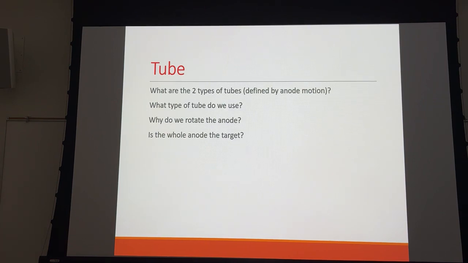All right, and then we had a number of different parts to the anode, the target just being a portion of that. Not even the entire disc is what we consider the target. The target is just where we bombard the target or the anode with the electrons, right? So we've got a lot of stuff going on with the anode in the X-ray tube. We have the target area, that's what we call a focal track.